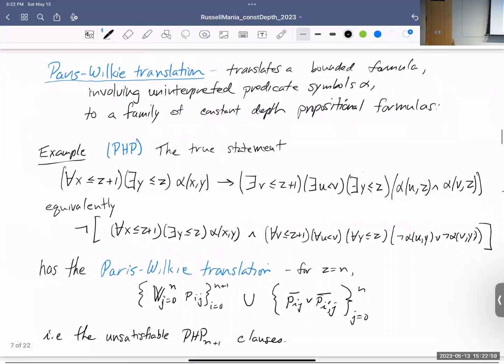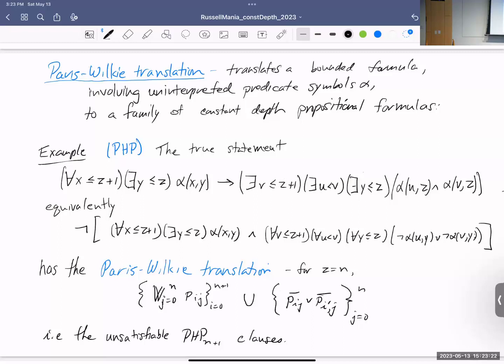Can you say a little bit about how the universal quantifier over x went to the sequence of formulas for different n's? How do you decide when you turn a quantifier into a sequence of formulas for different n's versus absorbing it into the formula like this?